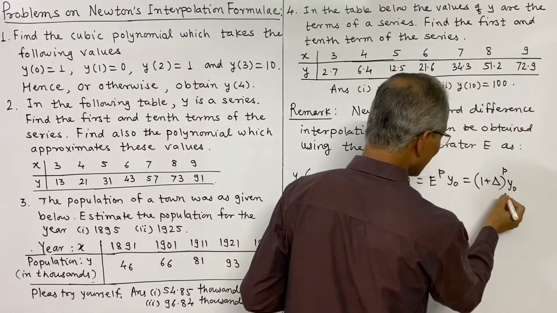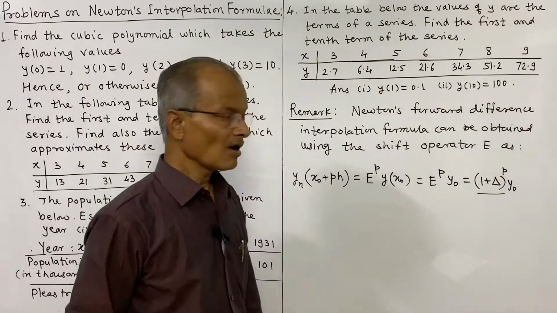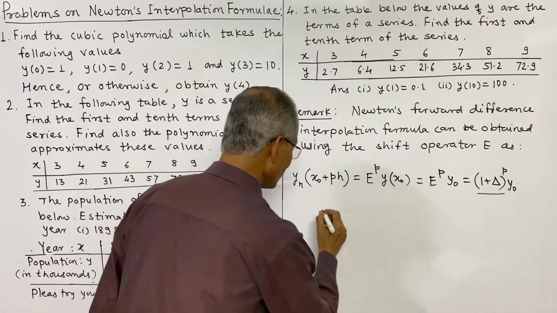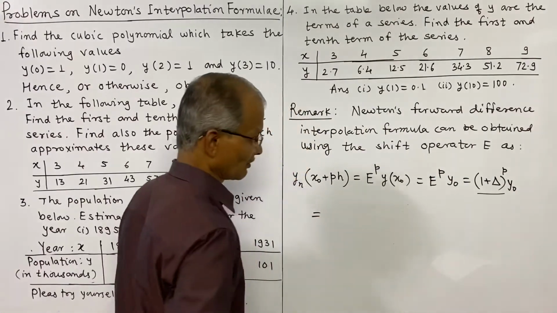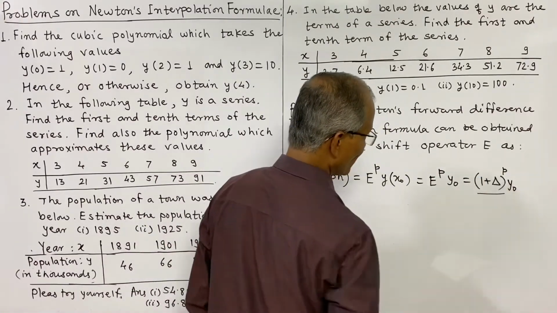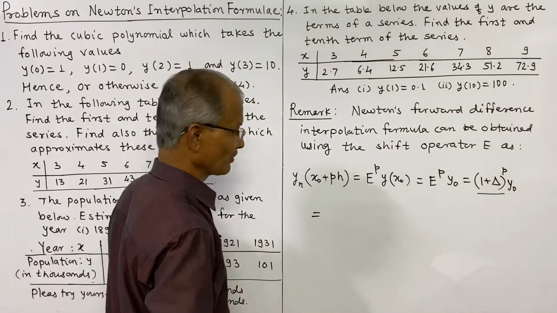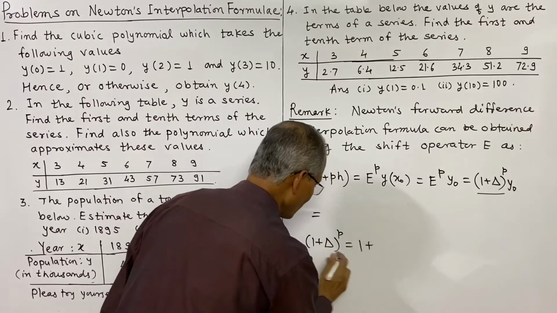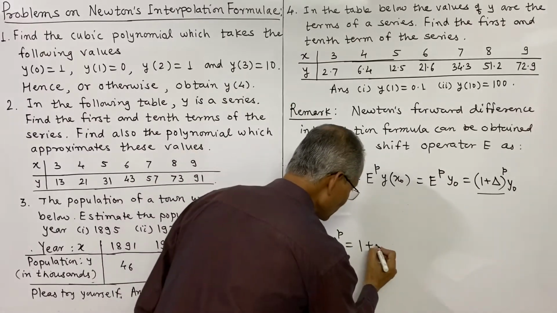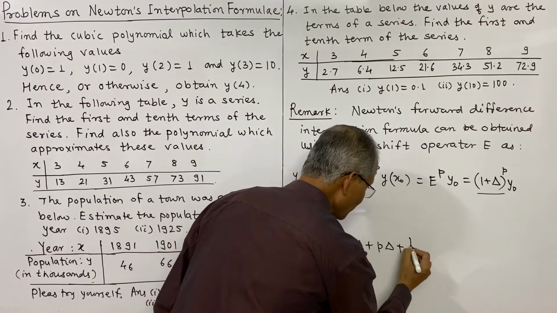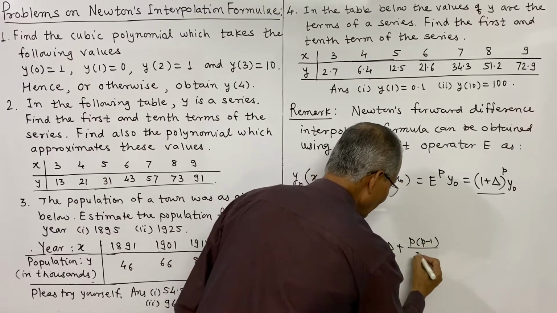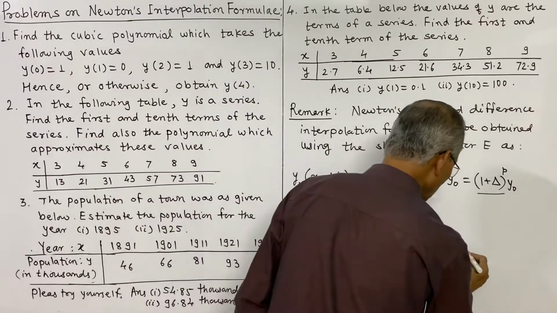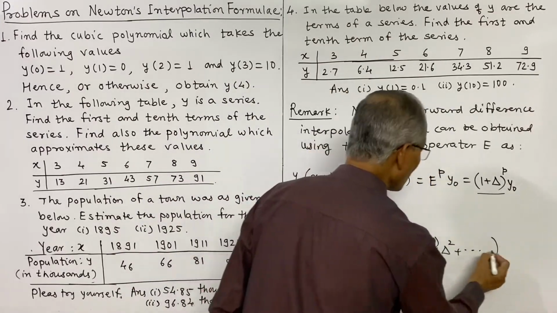And now we can expand this using the binomial theorem. 1 plus delta to the power p operated on y naught: it will be 1 to the power p is 1, plus p delta, plus p into p minus 1 divided by 2 factorial delta square, and so on, and this is operated on y naught.